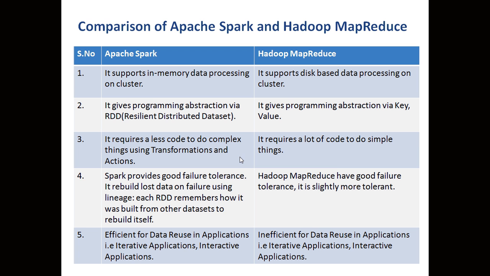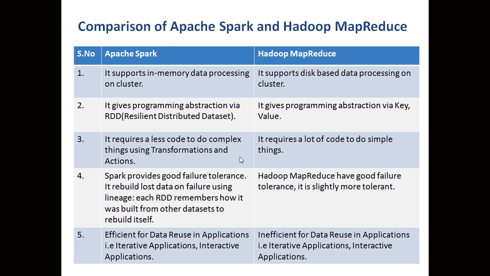Even if data is not in memory, you can use Spark, and it writes the result to disk. MapReduce is still disk-based data processing. Whatever data you have, it will read sequentially and do the processing.